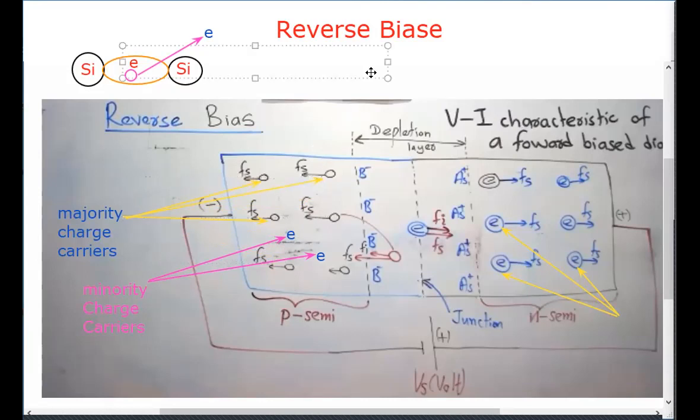And if an electron or a hole reaches the depletion layer, electrons are pushed toward the N semiconductor, and holes are pushed toward the P semiconductor. My question is, listen carefully: what will happen if this electron reaches the depletion layer?